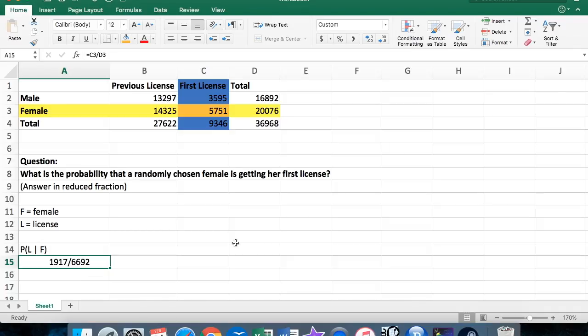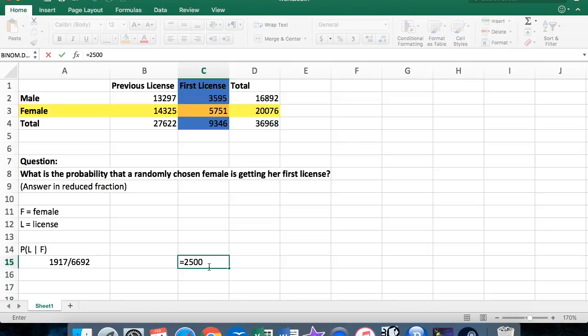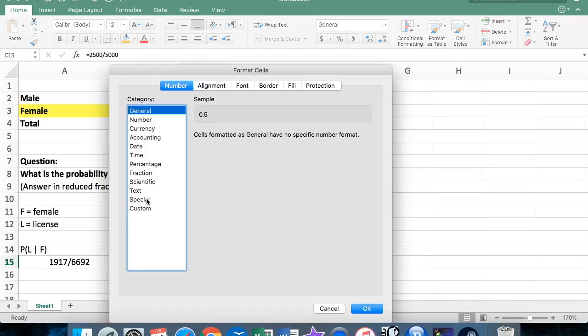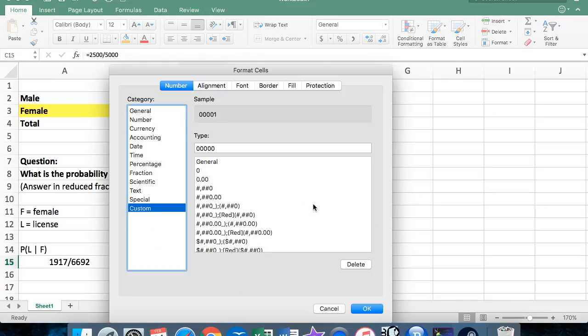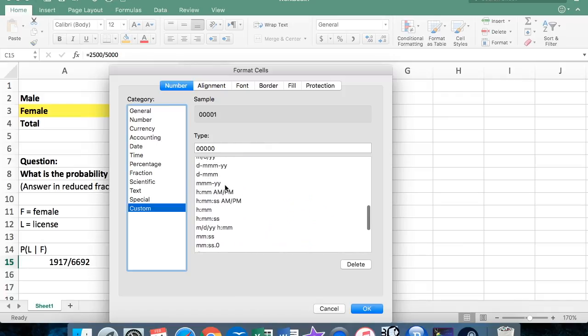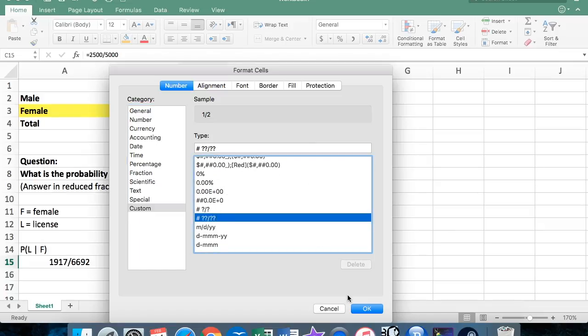You can do this with all sorts of things, right? If I have this number, 2,500 divided by 5,000, we know this is 1/2, right? But if I want to put it in fraction form, I would go to Format Cells, click on Custom and do the same thing I did before: my question mark divided by question mark.